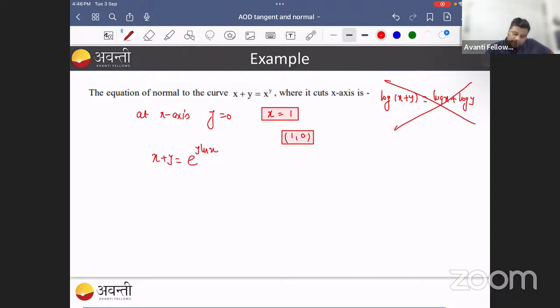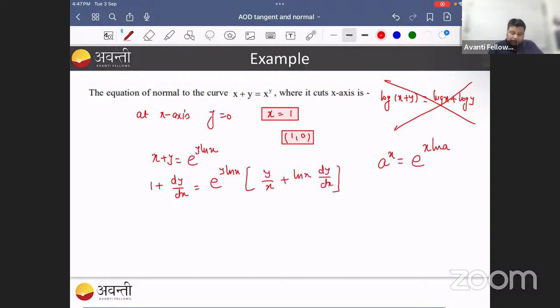This is a very simple property of log, that a to the power x can always be written as e to the power x ln a. Got it? Now you can differentiate: 1 plus dy by dx is e to the power y ln x into the derivative of this, that is y upon x plus ln x into dy by dx. Got it?